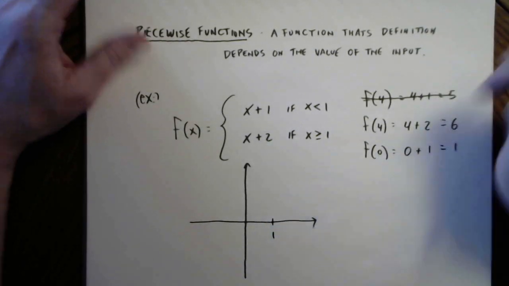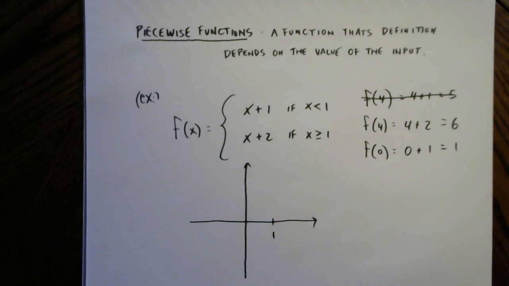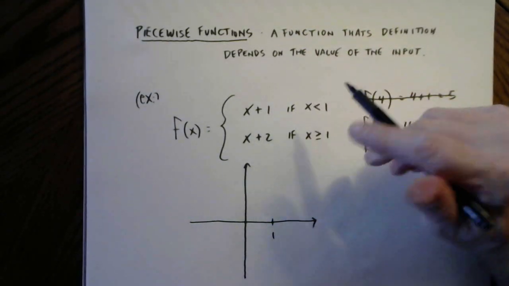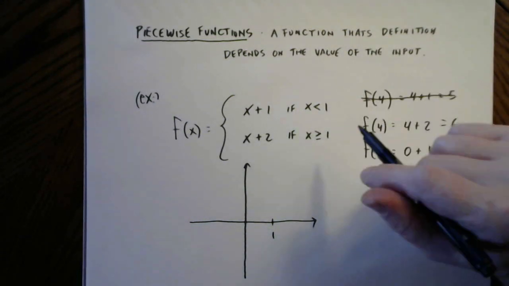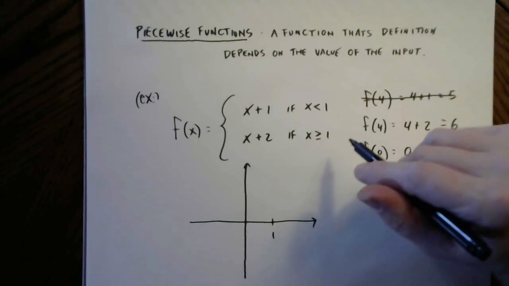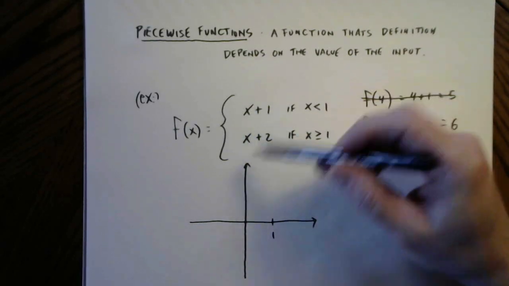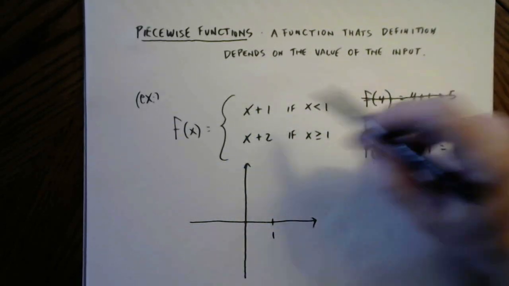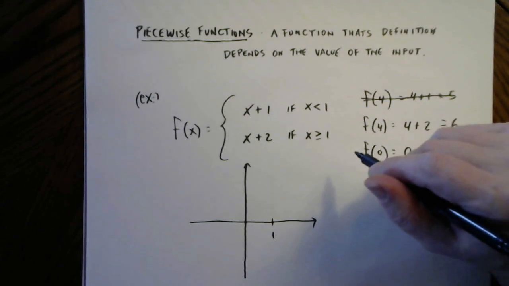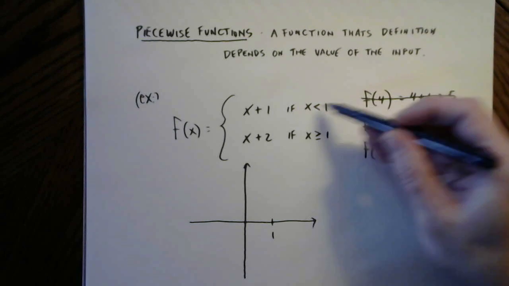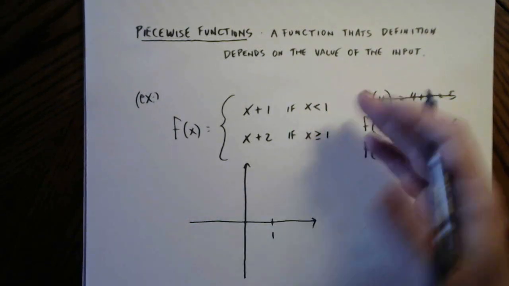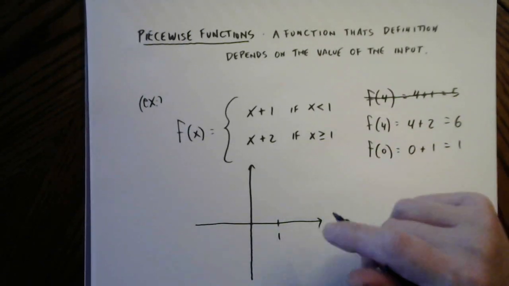Number one is you need to know what the pieces look like, and that's why I did the essential functions first. If you don't know what the pieces look like, you have no chance. Now, I expect these are lines in y equals mx plus b form. You're expected to be able to do that. But one thing you want to do is look at the conditions and identify where the transition happens. The transition happens here at 1.